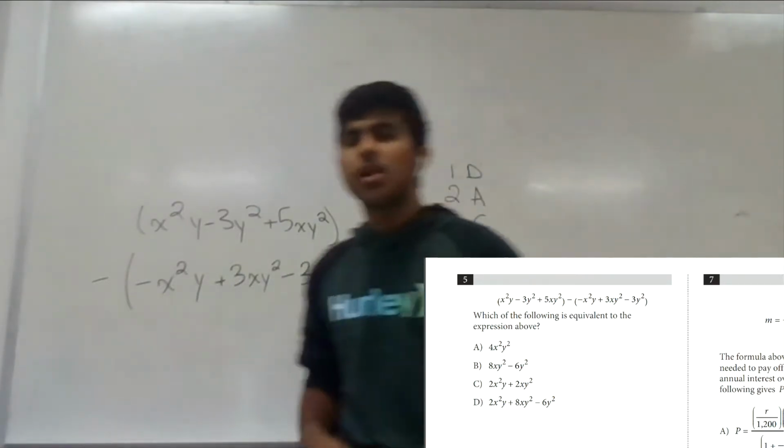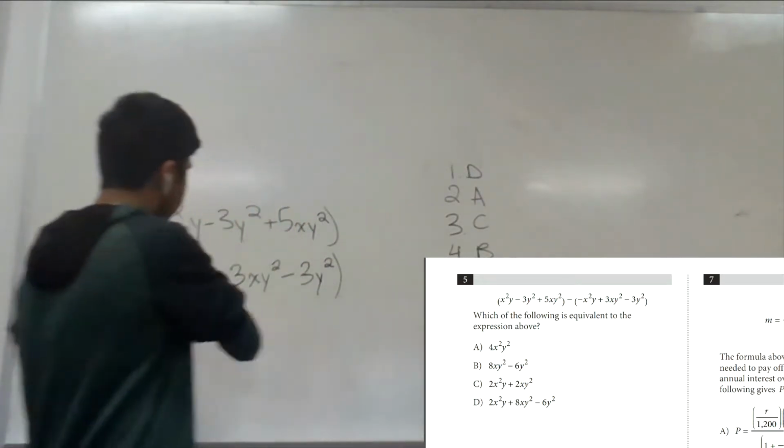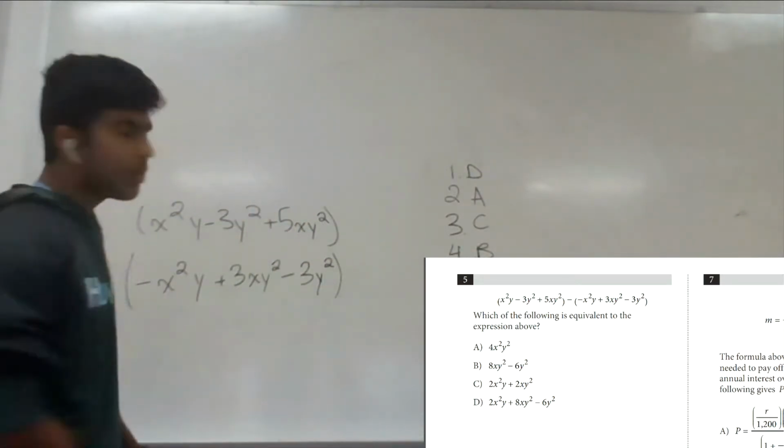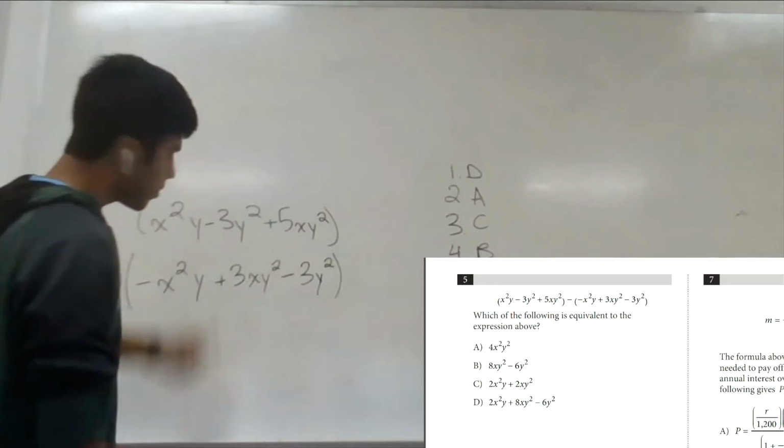So this is the expression. And we're asked which of the following is equivalent to this whole expression. So essentially, it just wants us to simplify this. We simplify this, we are done.